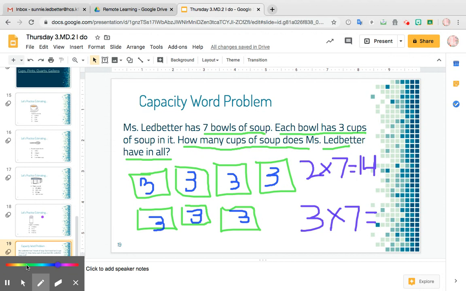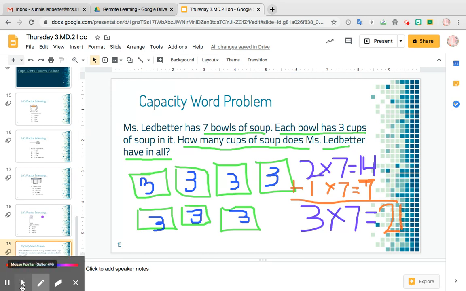To get to 3 groups, we add 1 group of 7, which equals 7. So 1 times 7 is 7. So now I have 3 groups of 7. Well, 14 plus 7 is 21.